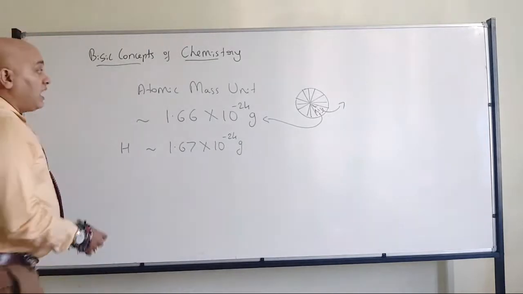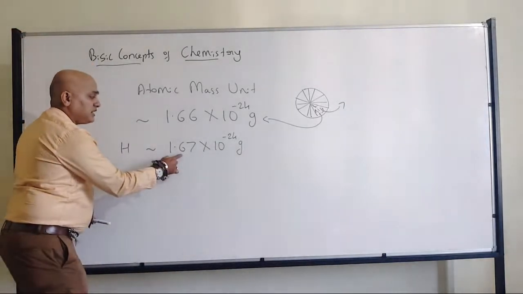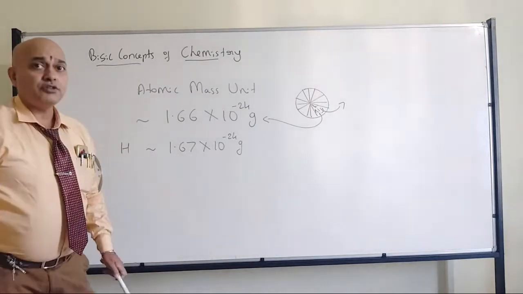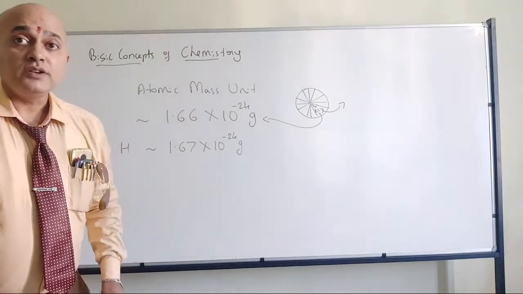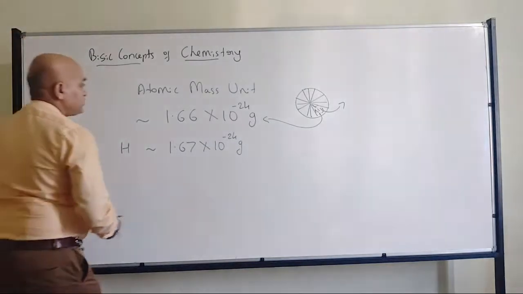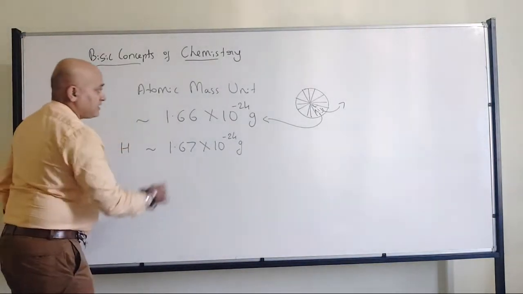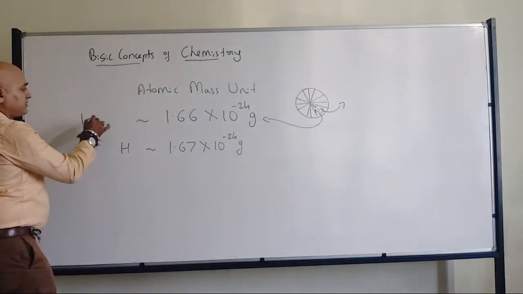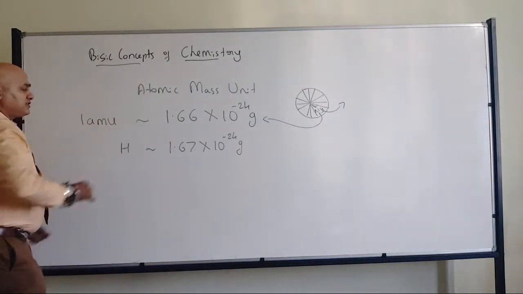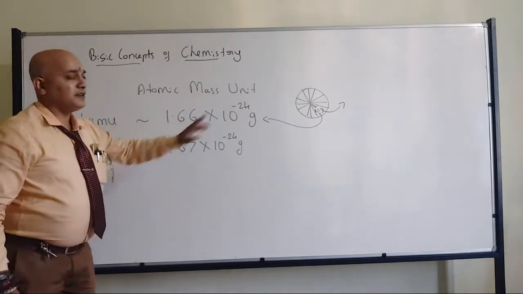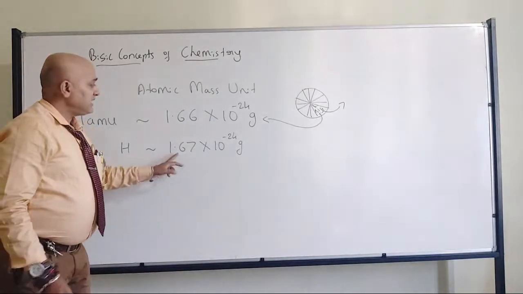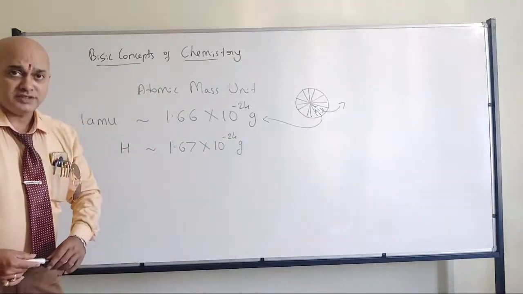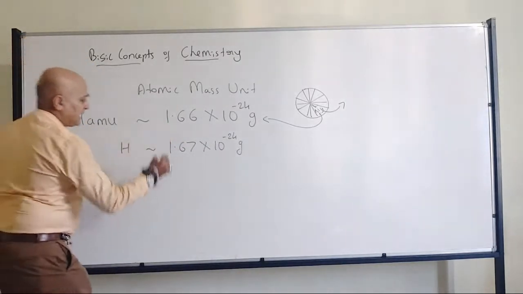Fine? Now, if I want to convert this one into atomic mass unit, what should I do? I should use this information. What is that? One atomic mass unit is nothing but this value. Right? So in that case, what will be the atomic mass unit for this many grams? I will write it here. Observe it carefully.